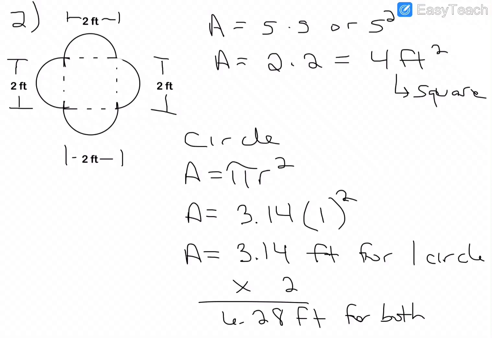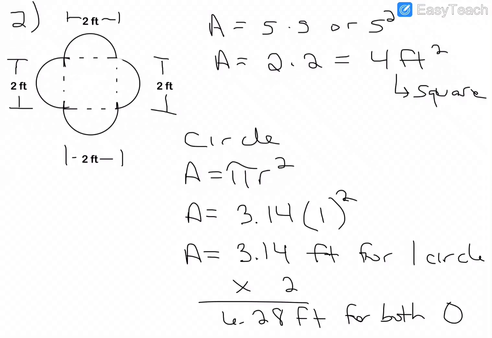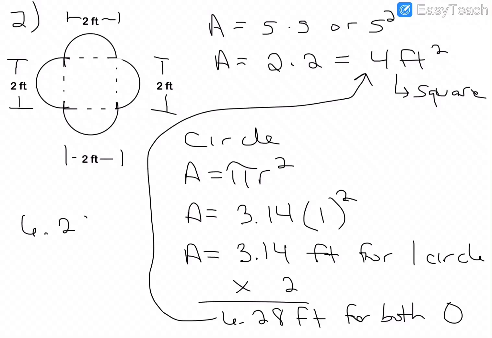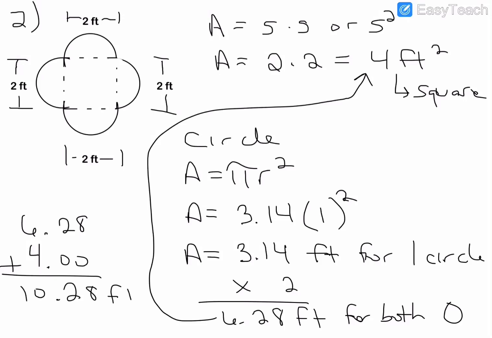For both circles, I'm going to take this number and add it to this number. 6.28 plus 4. Remember, when you're adding decimals, you have to line up your place values. And I'm going to get 10.28 feet squared.